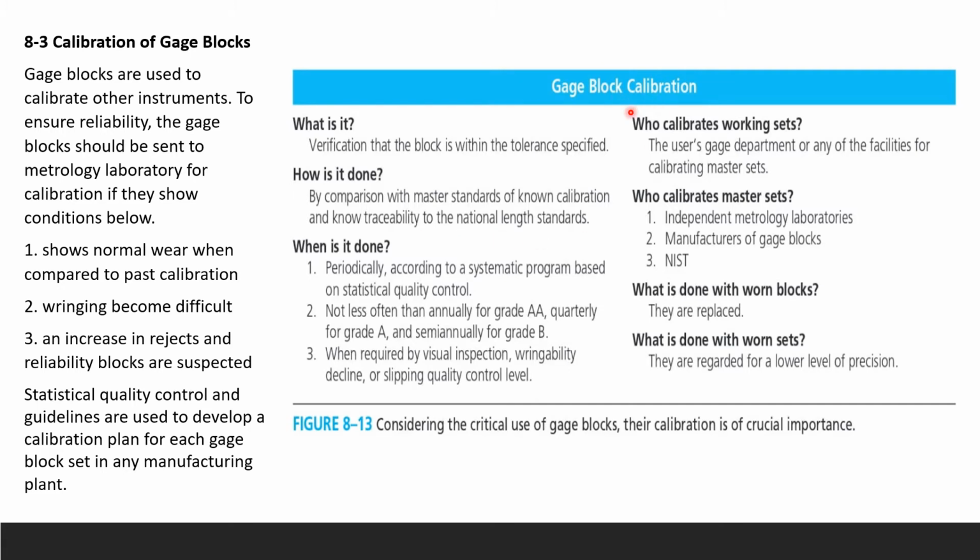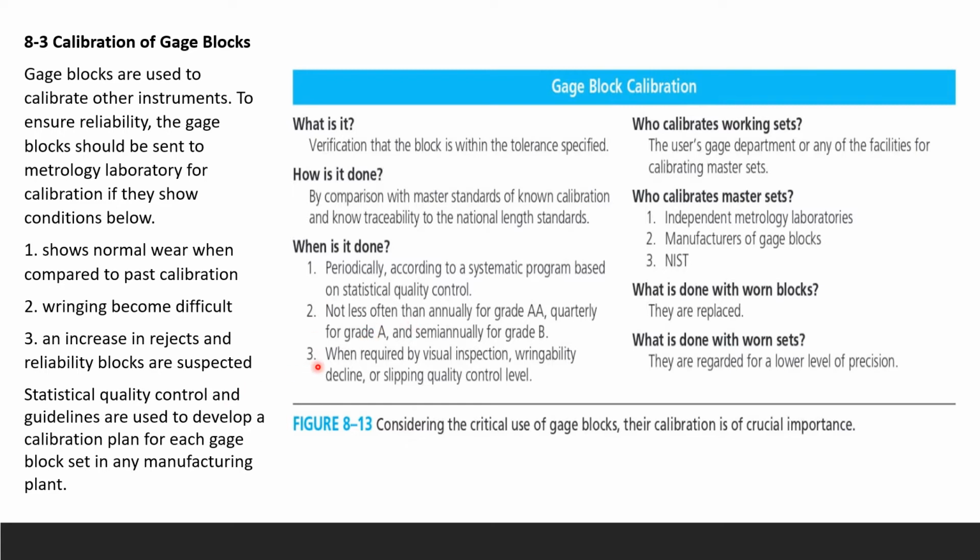Every time we think about calibration, you are comparing your measuring instrument to a standard. So when is it done? Periodically, according to a systematic program based on statistical quality control, SQC. Everything about checking up with the standard is under quality control.